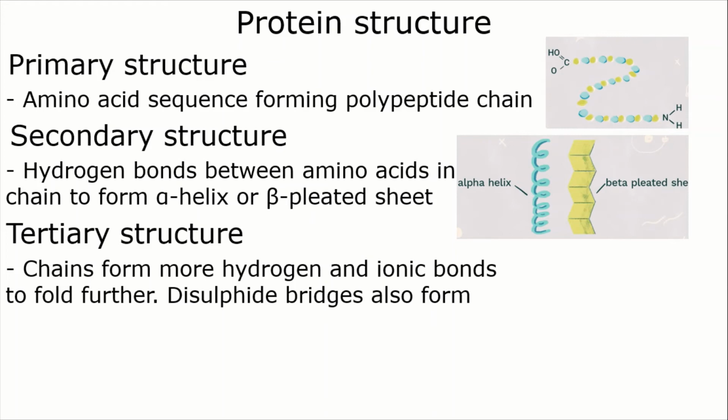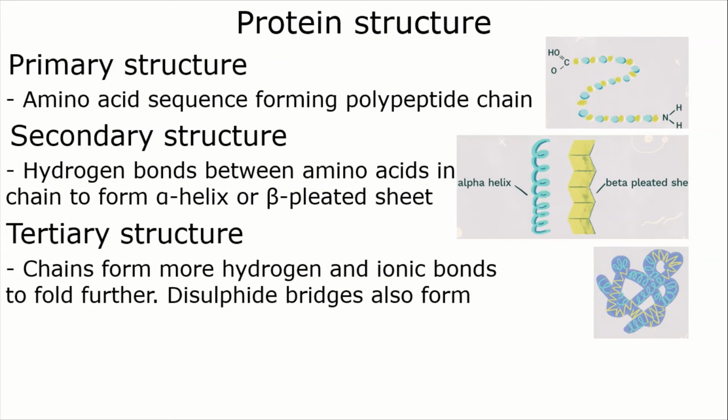And we can also get a special type of bond called a disulfide bridge or a disulfide bond, and this is a bond that forms between two sulfur atoms. So the amino acid cysteine is the only amino acid that contains sulfur, and if we have two cysteine residues close together, these can form a disulfide bridge.